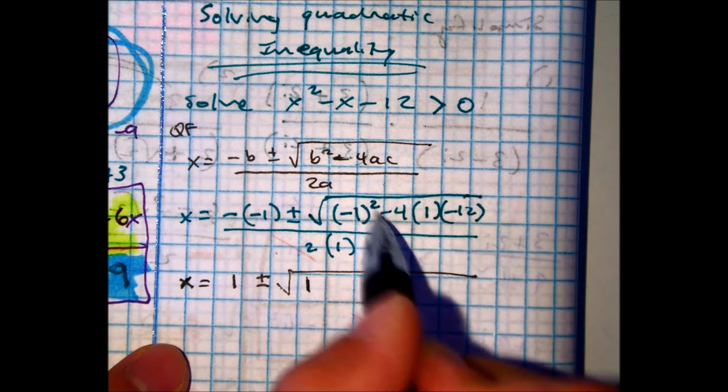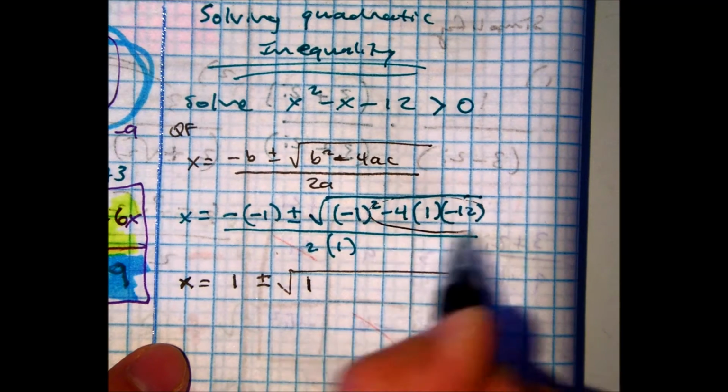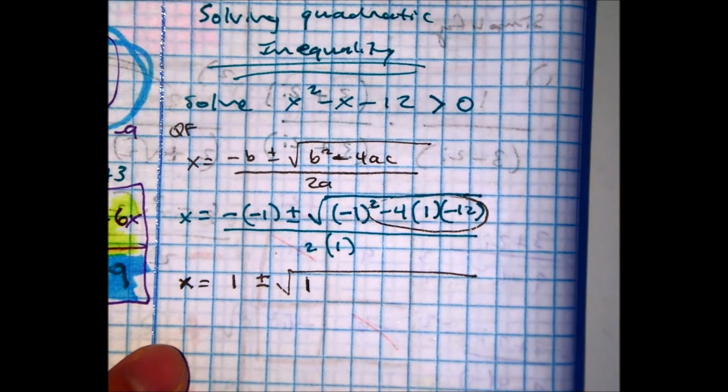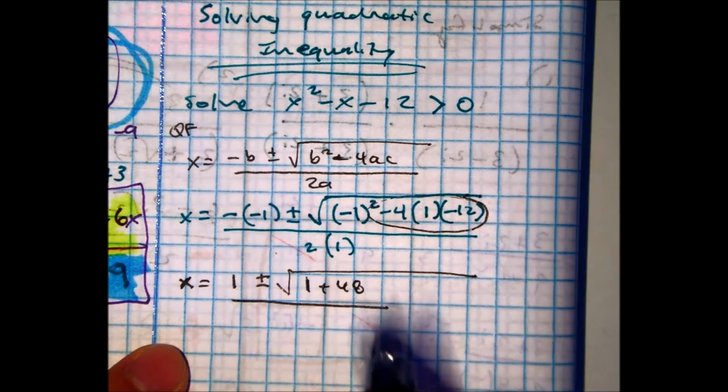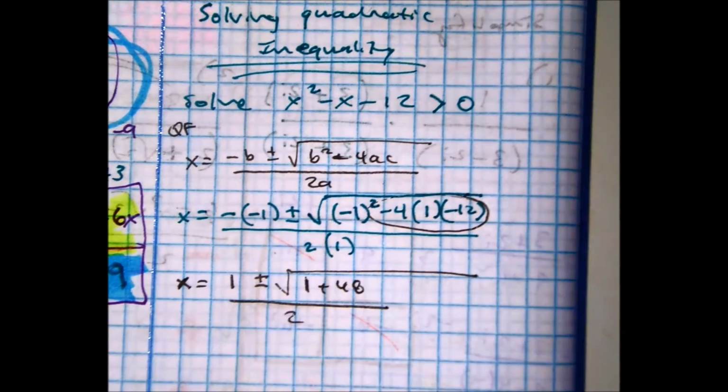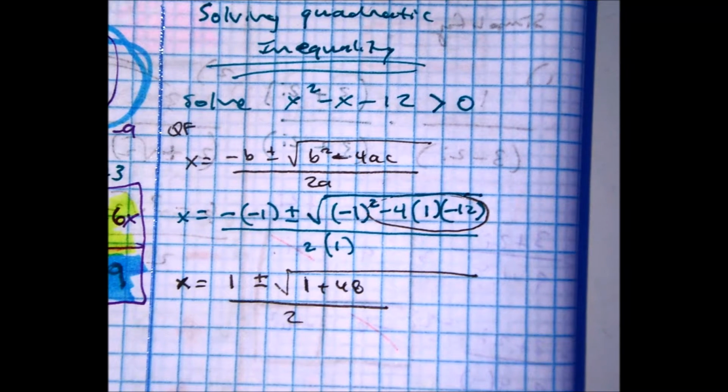And all this positive 48, all over 2. Keep going for us, Royce.